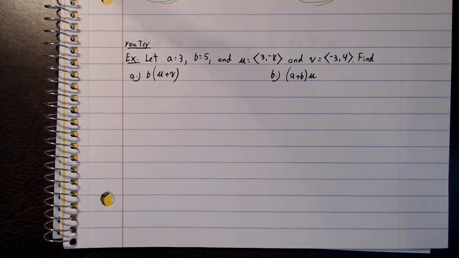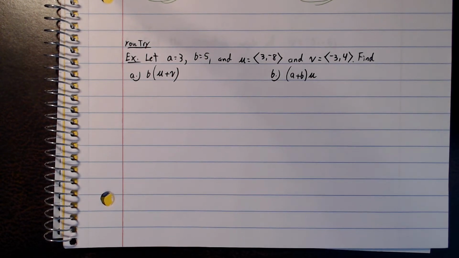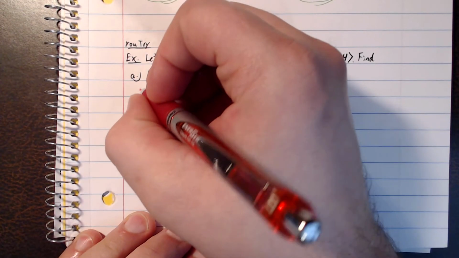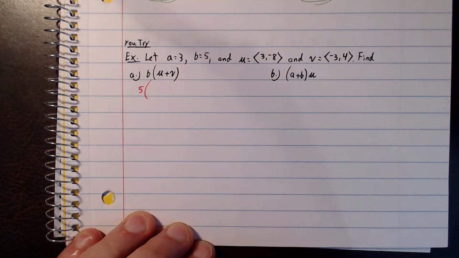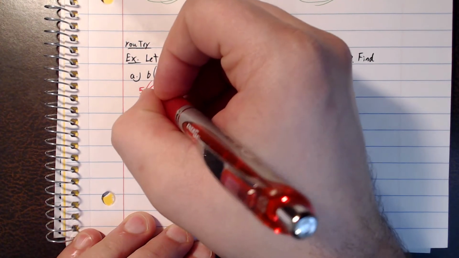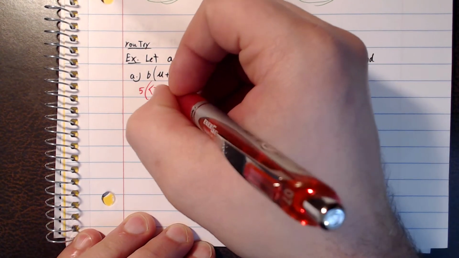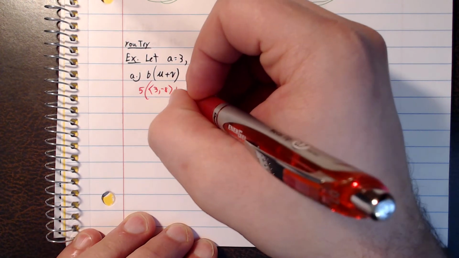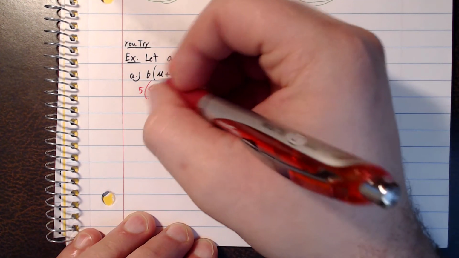Alright. Let's see. So we're doing 5 times u, which is <3, -8>, plus, oops, I'm sorry, we're going to distribute.